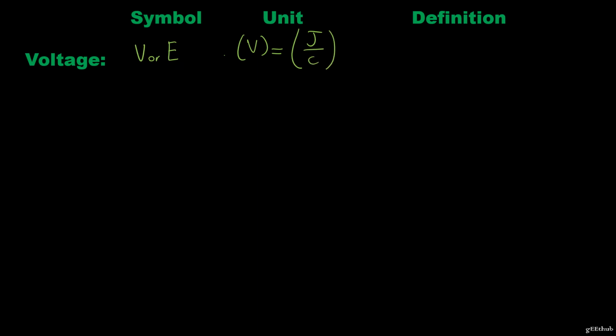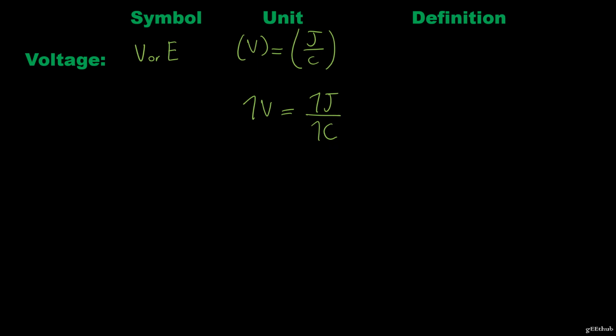Now notice the difference between volts and just energy, which is joules. Voltage says that if I have a 1 volt voltage supply, it's going to provide the circuit 1 joule of energy per each coulomb of charge that goes through it.